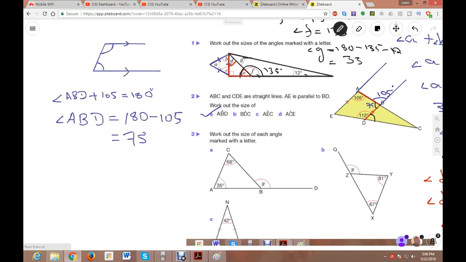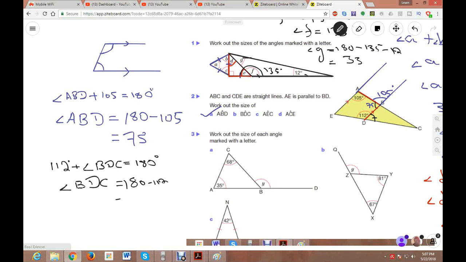How we are going to handle this is extremely easy. You see this 112 and this BDC, they are supplementary. So just subtract 112 from your 180 and you will get the required angle. They are supplementary to each other: BDC plus 112 equals 180. So BDC is 180 minus 112.